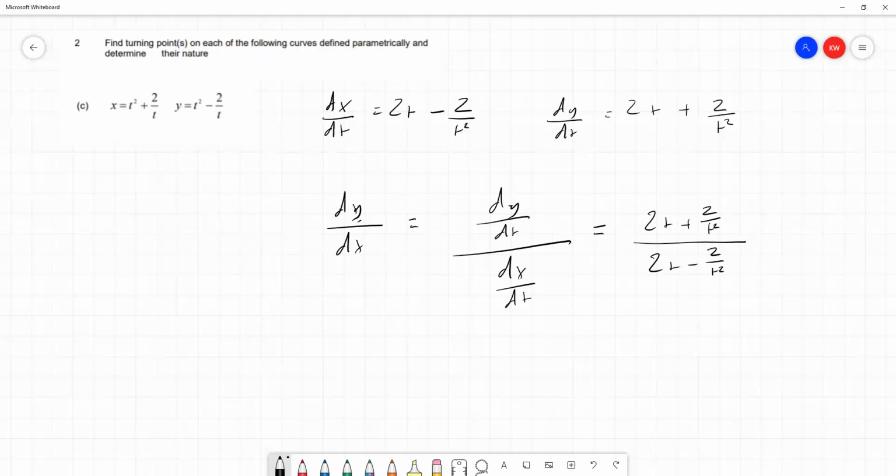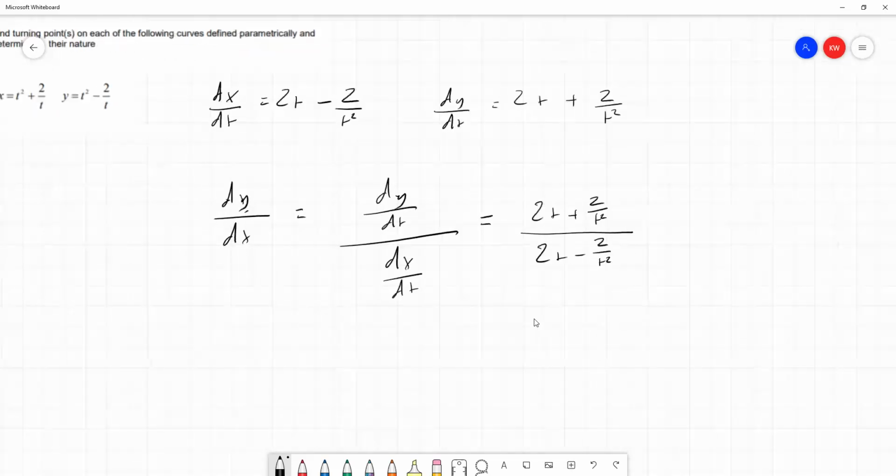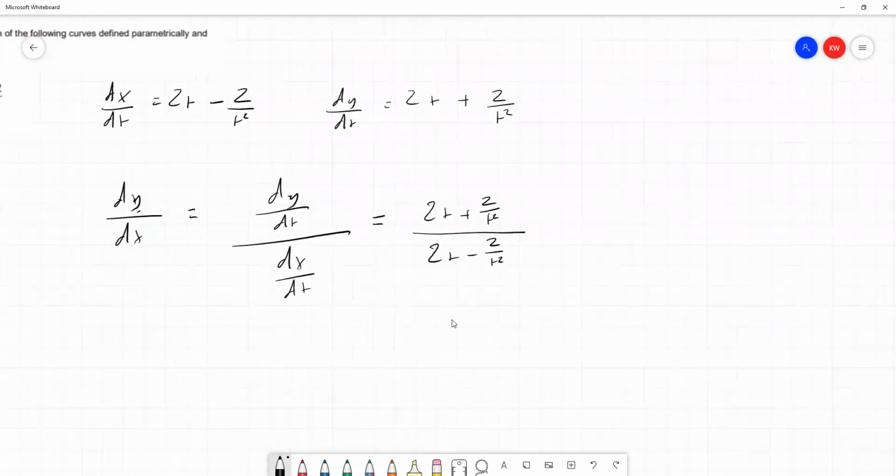And so we could seek to tidy this up a little bit. I think the simplest way to do this is to multiply top and bottom by t squared. Because we can multiply top and bottom by the same thing, we still get the same fraction. So this becomes 2t cubed plus 2 over 2t cubed minus 2.